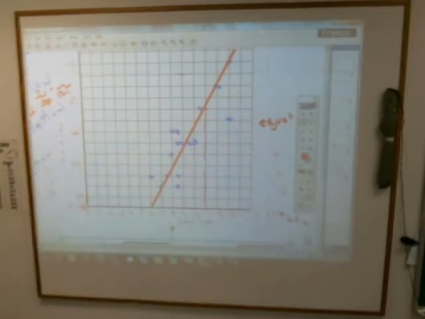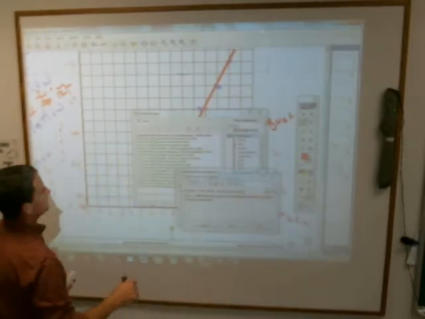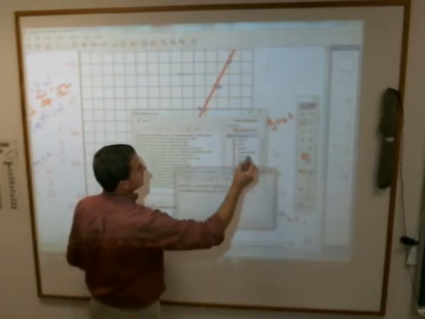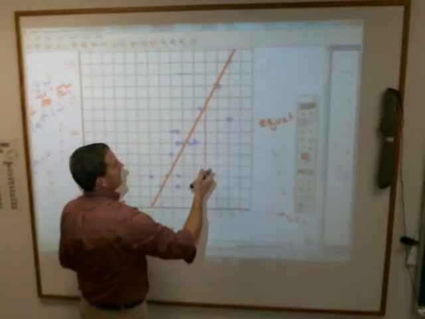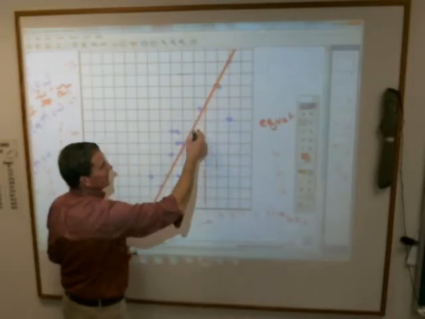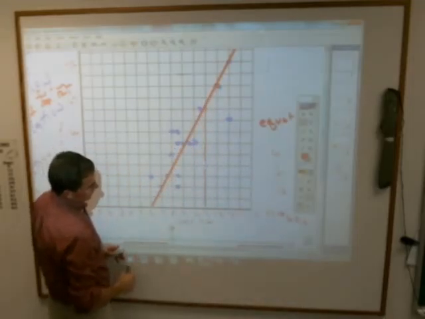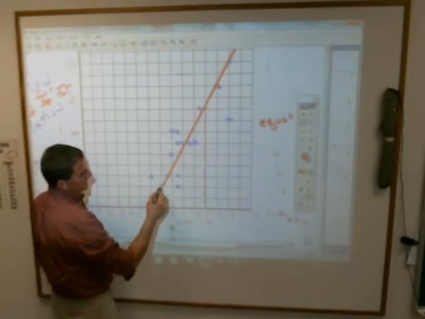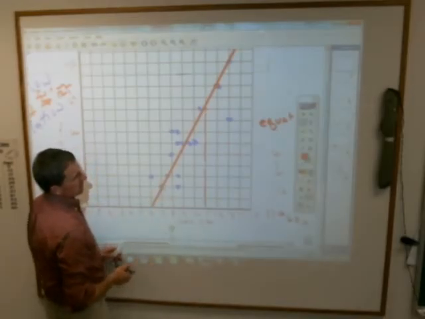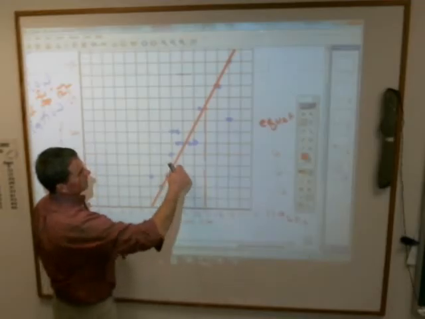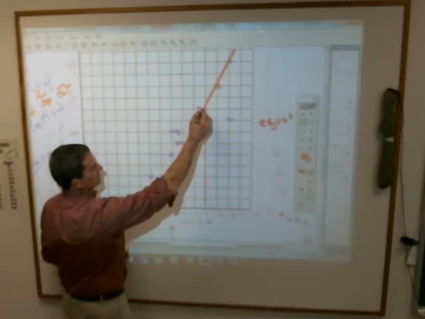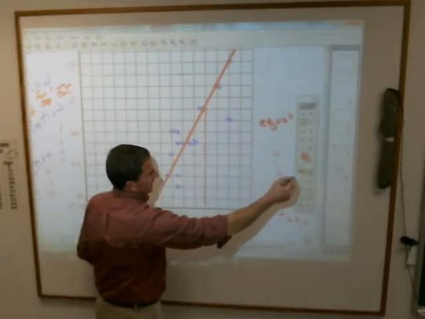I would make this one point of my triangle. Then I need to find another place on this red line where it hits a crosshair. It doesn't look like many, and that makes an awful big triangle. You can fudge it a little bit and maybe even go right here. Let's say I made that my triangle.